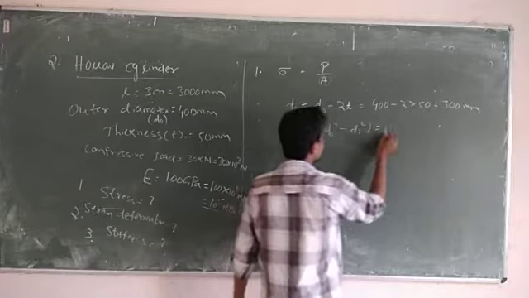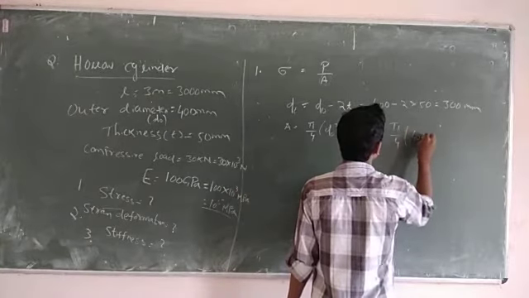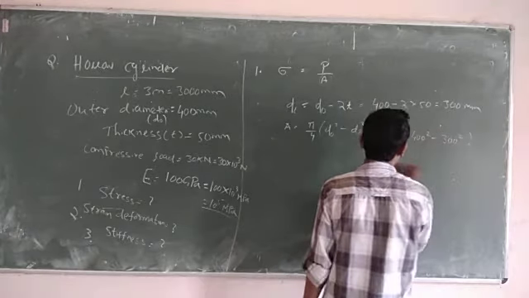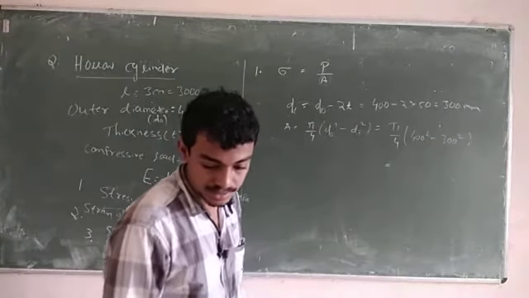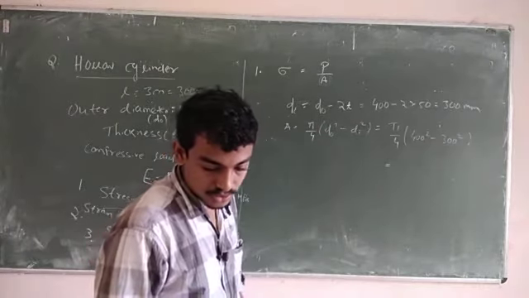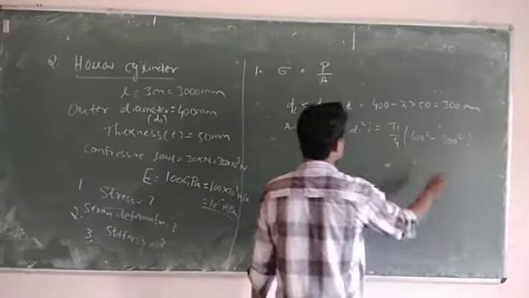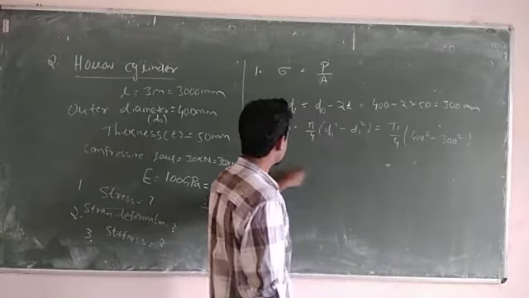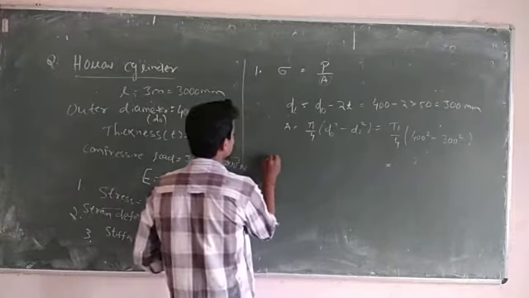So put all the values: pi by 4 into 400 square minus 300 square. Whatever it will come, write down this answer, because I have not carried the calculator. You can calculate this.